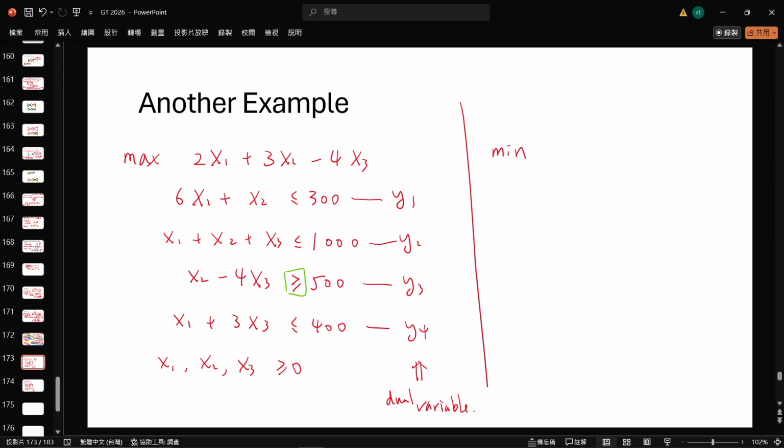So with this in mind, we can just try to construct the dual problem. So let's start with the objective function. The objective function is from the right-hand side of the weighted combination. So I'm going to just write it down.